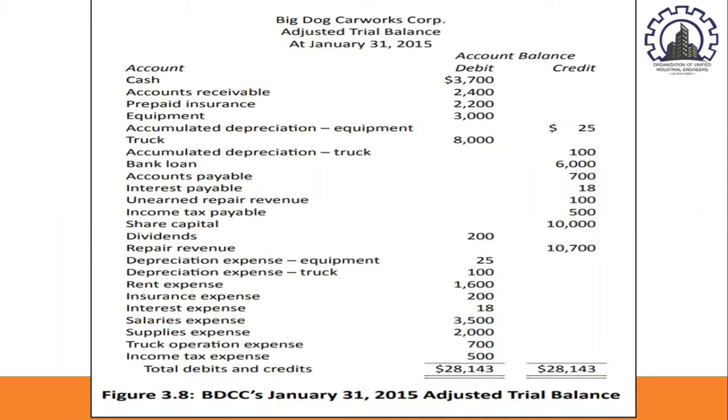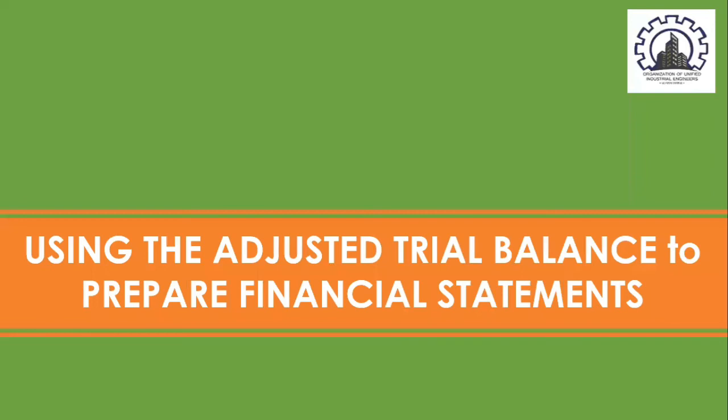Now, in chapters 1 and 2, the preparation of financial statements was demonstrated using Big Dog Car Works Corporation's unadjusted trial balance. We now know that an adjusted trial balance must be used to prepare the financial statements, which happens to be our next key area, which is using the adjusted trial balance to prepare financial statements.